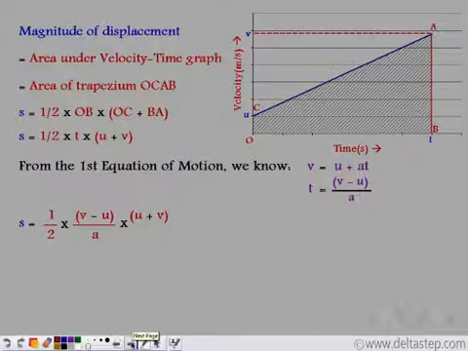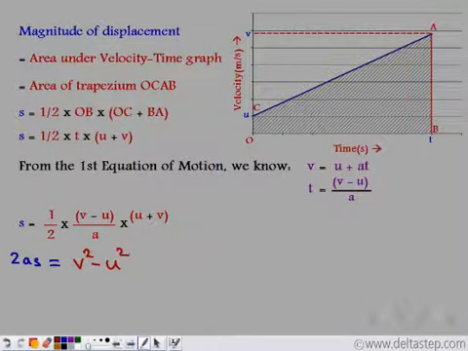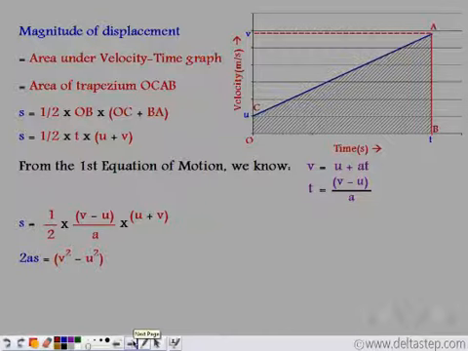Now let us simplify this. V minus U into U plus V. We know that A plus B into A minus B gives us A square minus B square. We have 2A in the denominator, so let us multiply both sides by 2A. We get 2AS is equal to V minus U into V plus U, which is V square minus U square. So 2AS is equal to V square minus U square.